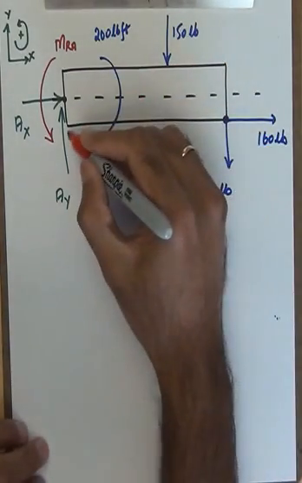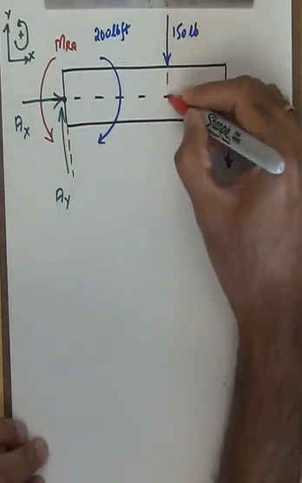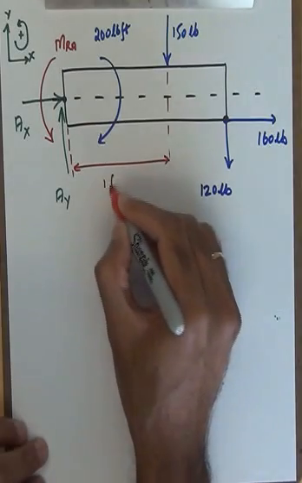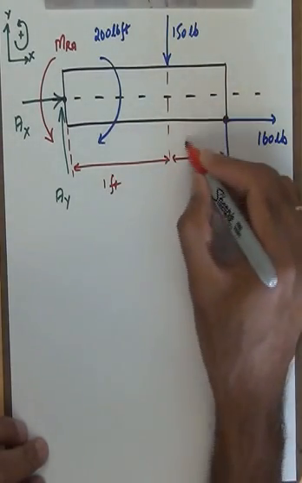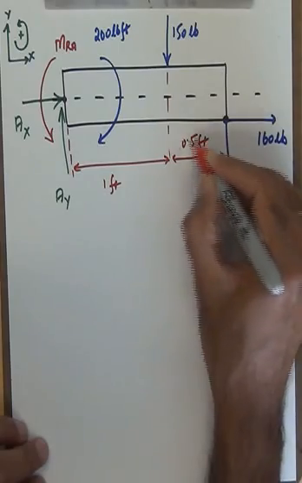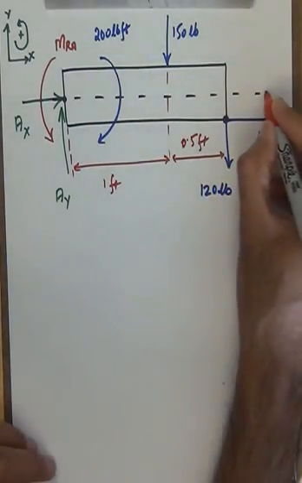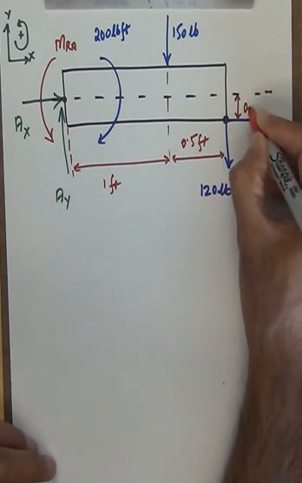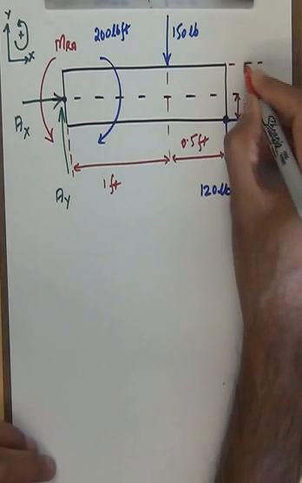From the end A here, where I have the fixed end, to where this force is acting, is a distance of 1 foot, and then this remainder distance is given to us as 0.5 feet, and then a distance from here to there is given to us as 0.1 feet, and this distance is also given to us.